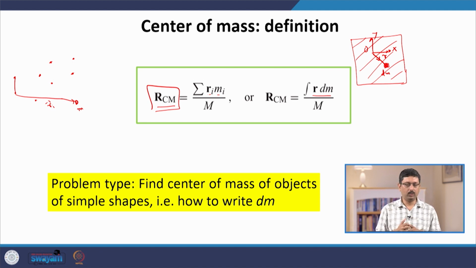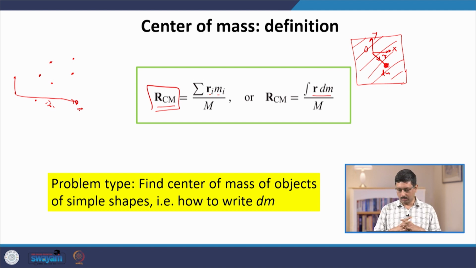And when we consider the gravitational force, it will act on each and every element of an object, but the total force on the full object will still act through the center of mass.